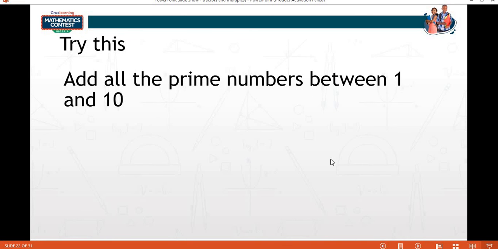Alright, try this. Add all the prime numbers between 1 and 10. The first thing to do is to list out the prime numbers between 1 and 10.